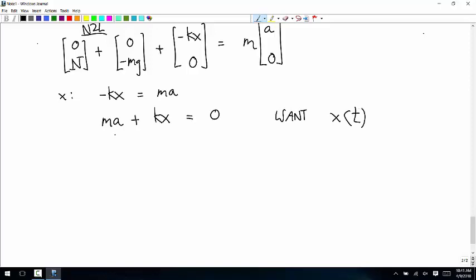So the acceleration is the second time derivative of the position. So we can write this, dividing both of these by m, the differential equation says x double dot plus k over m x is equal to 0.